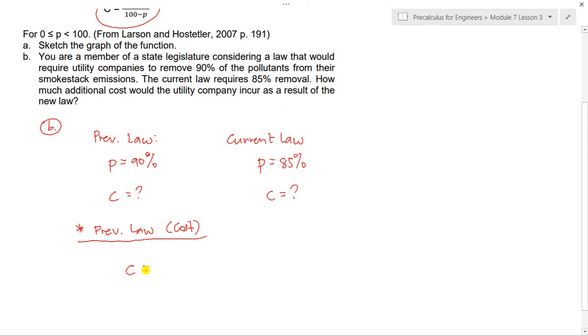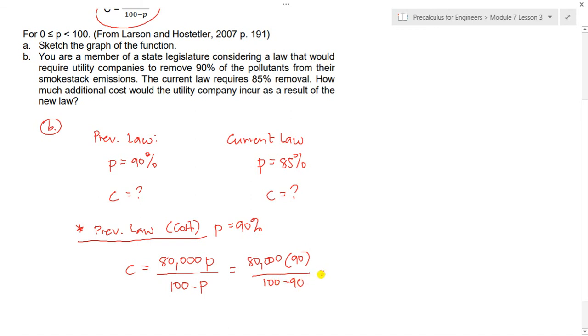So we have C, the cost, is equals to 80,000 times the percentage. So the cost here at P is equals to 90%. So 80,000 P all over 100 minus P, that is 80,000 times 90 all over 100 minus 90.